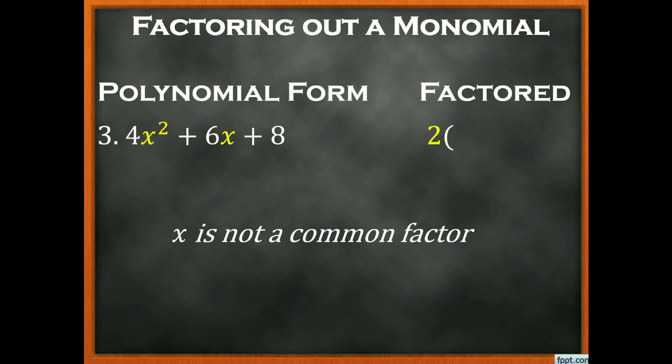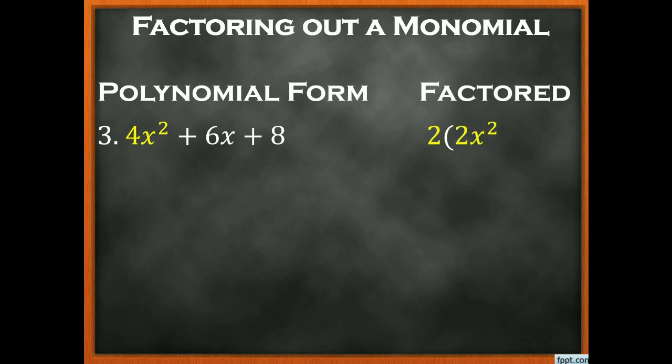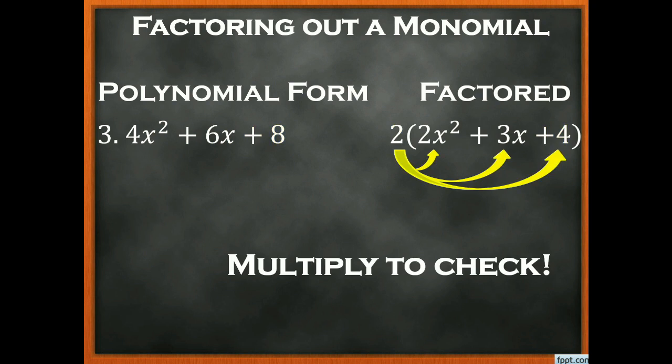So we will now put quantity and then divide 4x squared by 2. The answer is 2x squared. 6x divided by 2 is 3x, and 8 divided by 2 is 4. To check, again, multiply.